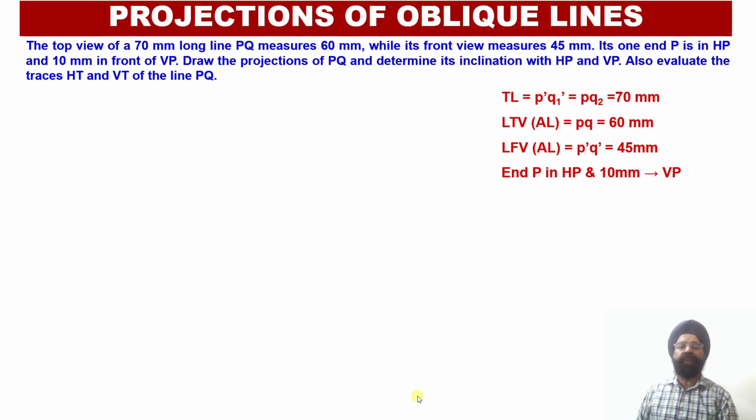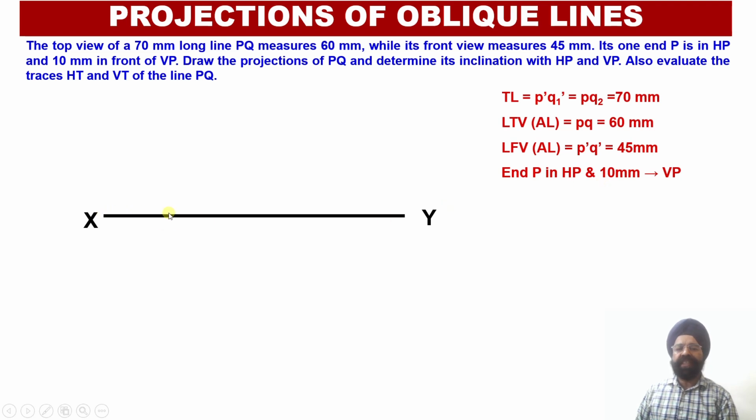So let us start with the evaluation of the projections of this oblique line. Here we have the line PQ, for which the true length, front view apparent length and top view apparent length are available, and the coordinates corresponding to the point P are available.